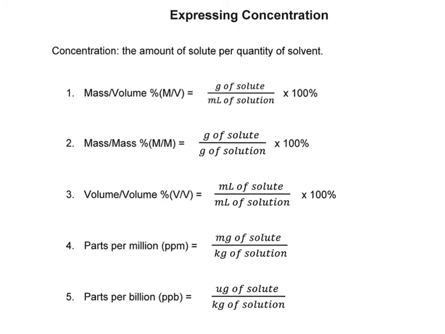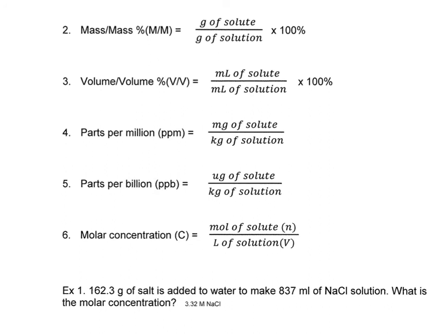Parts per million and parts per billion are used if you have very small amounts of solutes dissolved in your solvent. These are used for describing things like the toxins in an environmental sample or the amount of minerals in food. An example of a ppm would be figuring out how much sodium is in bottled water.